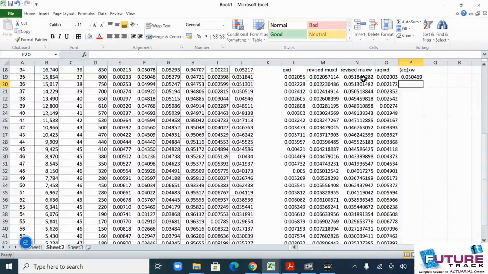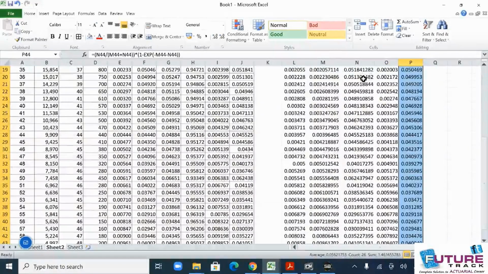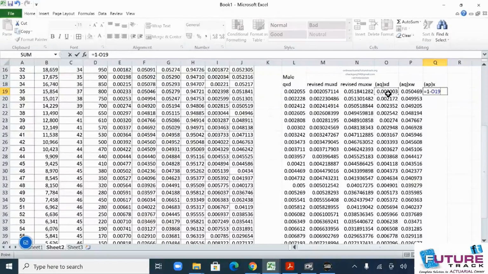Bracket close. Fine class. So we get these values. Now class, we can find the value of APx. That is 1 minus this and this.